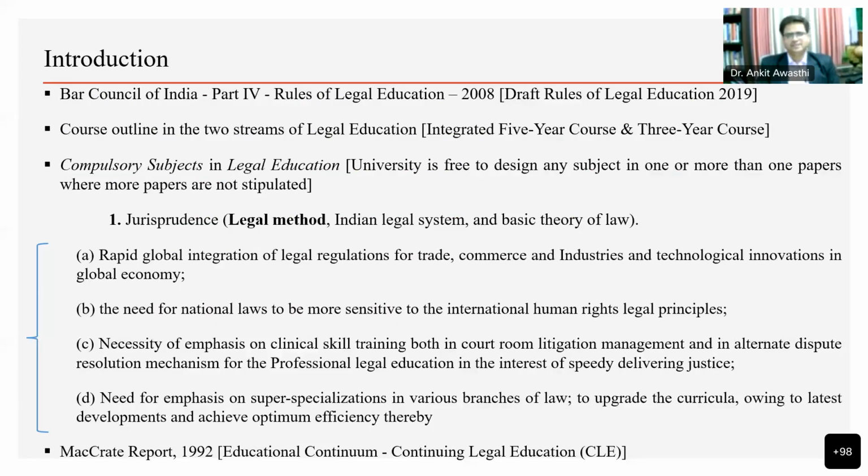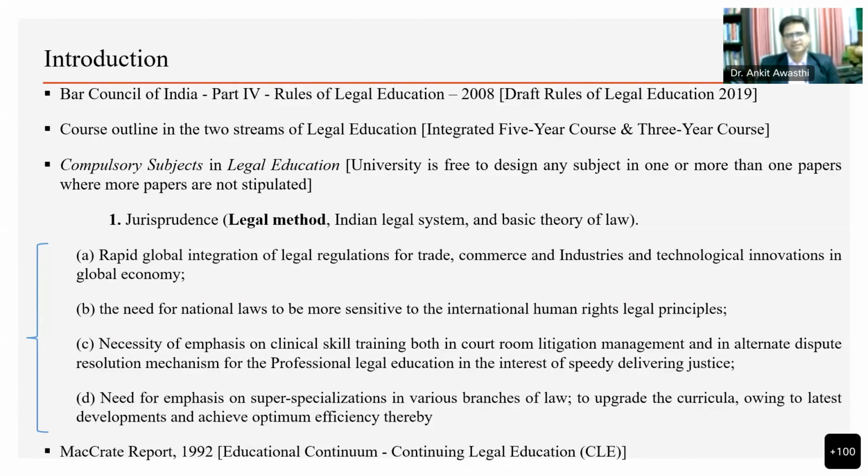Now, one thing important to mention here is that legal method has not got a place in any of the subjects in an independent capacity. As I have highlighted here, among the compulsory subjects in legal education, the first entry is jurisprudence, and within brackets it is mentioned: legal method, Indian legal system, and basic theory of law.